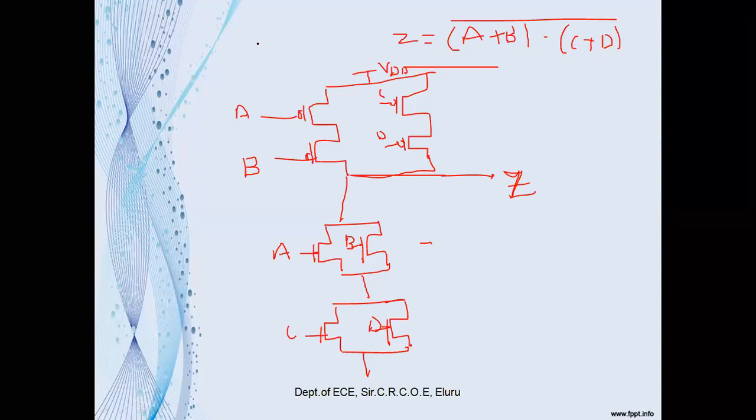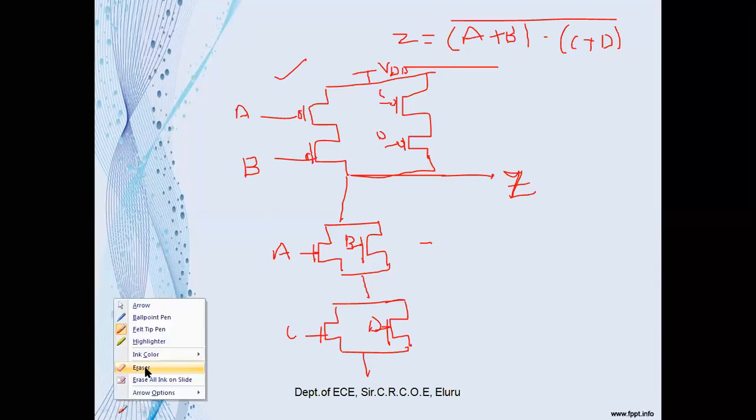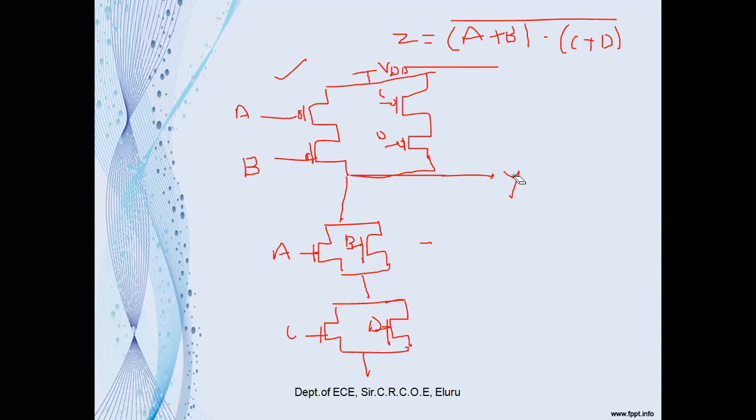Now the A, B, C, D transistors, a total of 8 transistors are there, and all these 8 transistors come under a single level of transistors. They are not separate levels of transistors here.